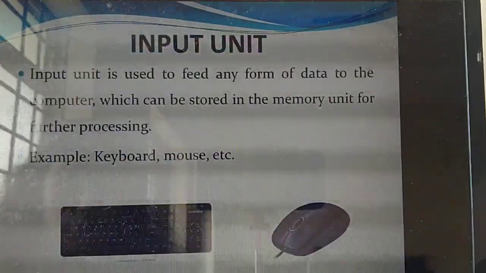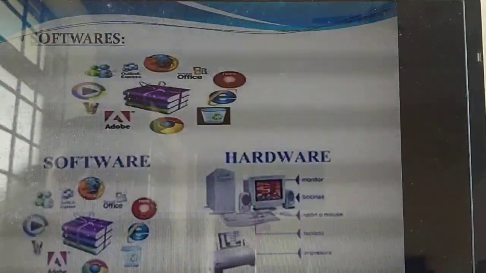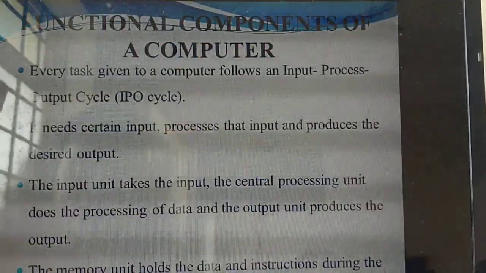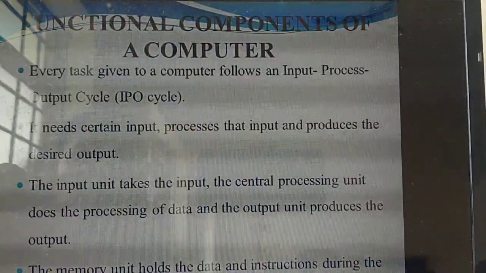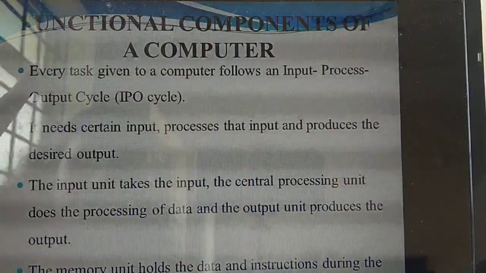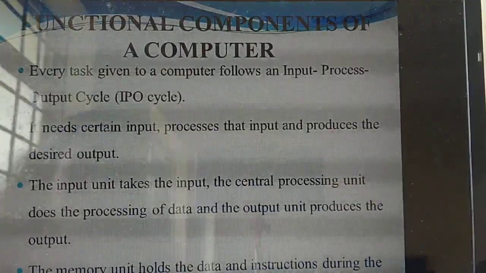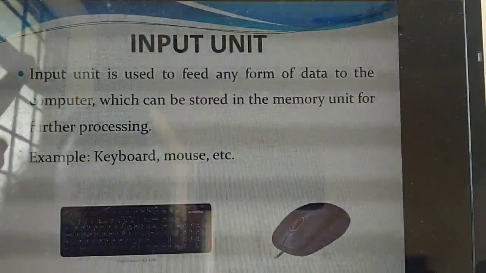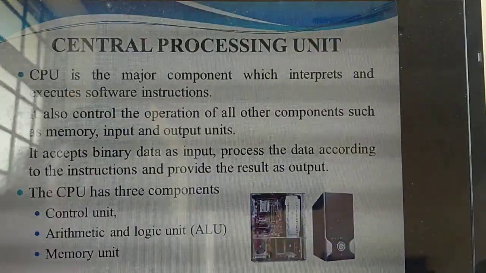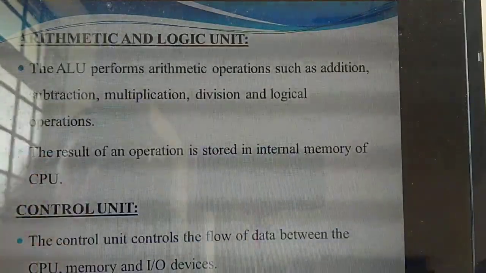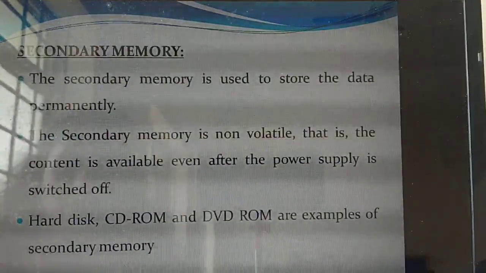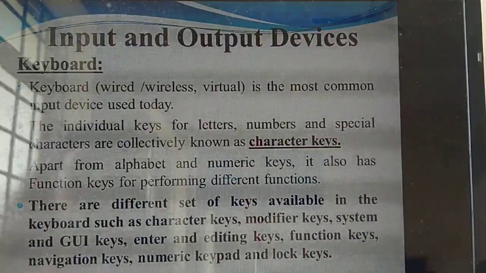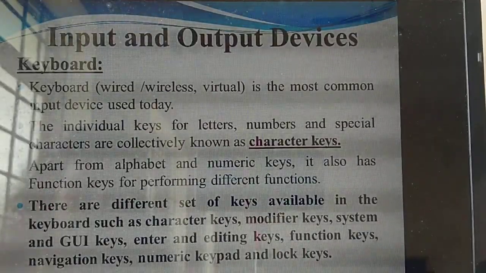If they ask for the functional components of a computer, you need to write from here. Write the heading, the introduction part with 4 points, then draw the diagram, then explain all the things: the input unit, then the diagram, the central processing unit, and so on. Usually you will get 5 marks. Understand?